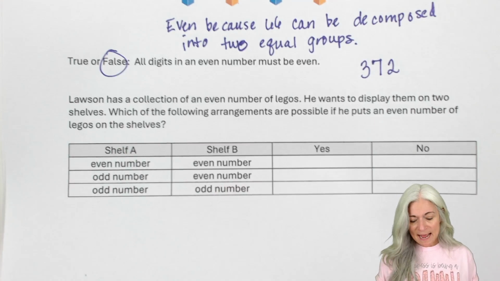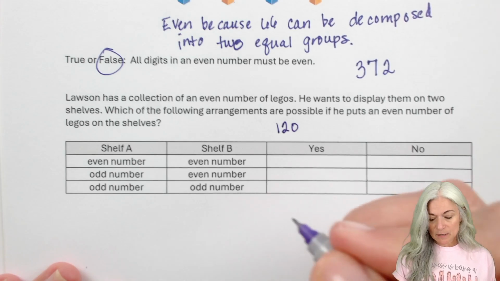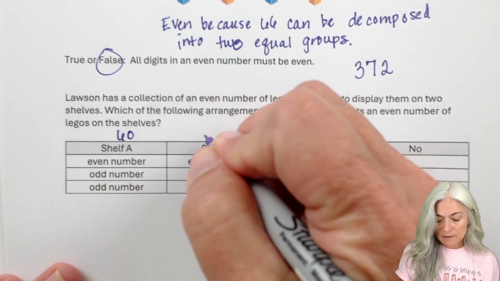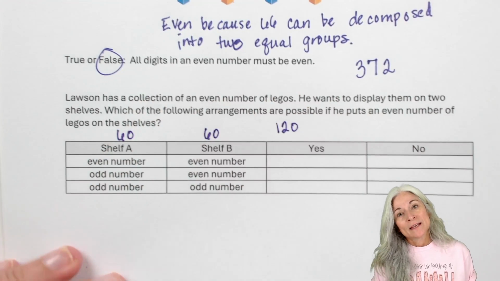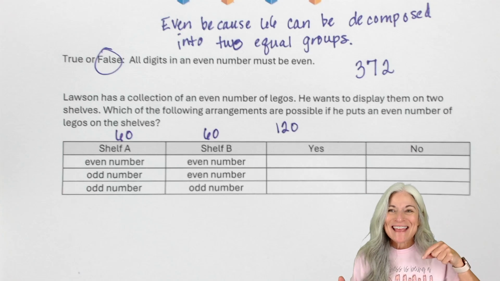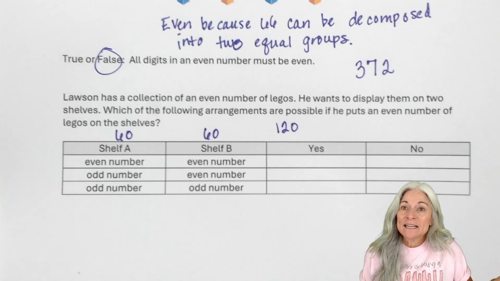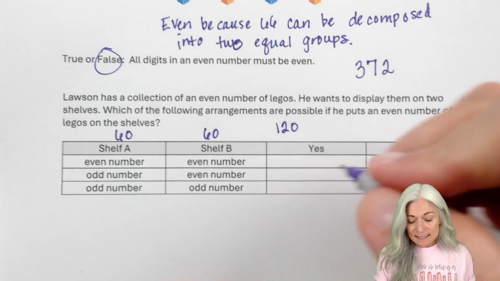Absolutely. What if he had 120 Legos? He would put 60 on one shelf and 60 on another. It doesn't have to be the same number, but I like talking about that since that's the definition of an even number. It could be 40 and 80. So yes, this is possible.